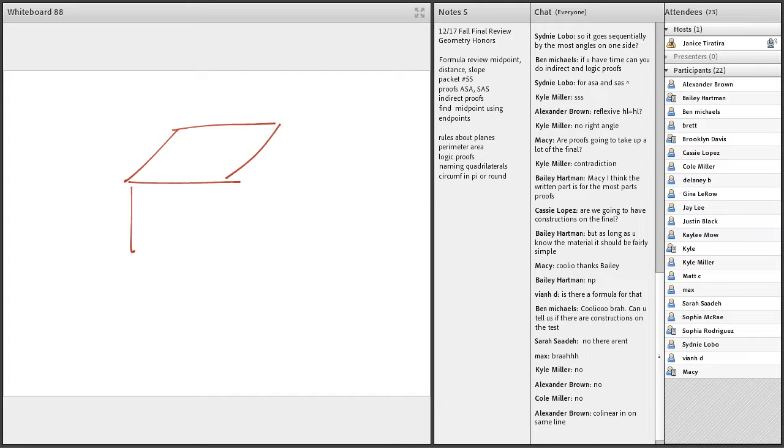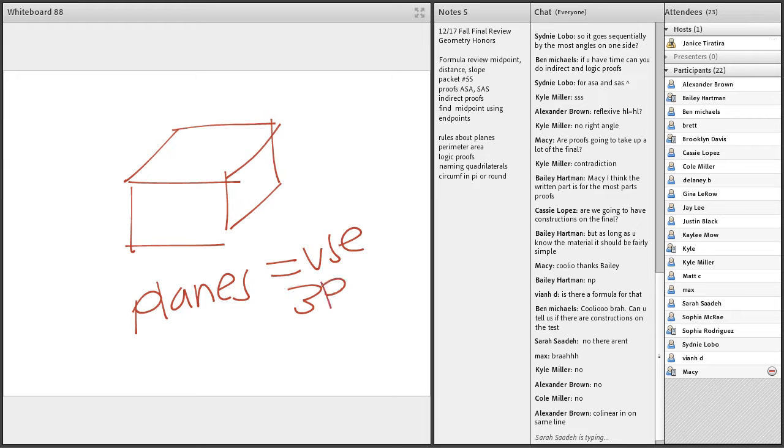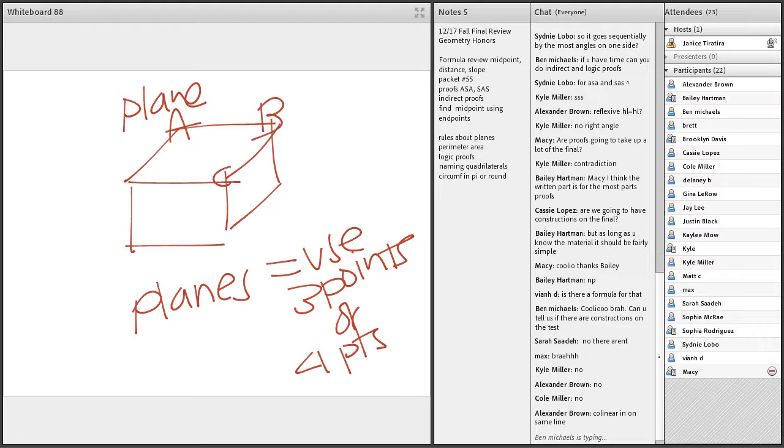Intersection of the planes. So for planes, you could either use 3 points, that's the bare minimum to make a plane, or 4 points. So you might see a plane with A, B, C, D. You might just see A, C, D. That still represents this top portion because it includes 3 out of the 4 points.